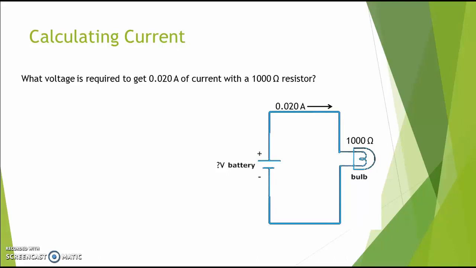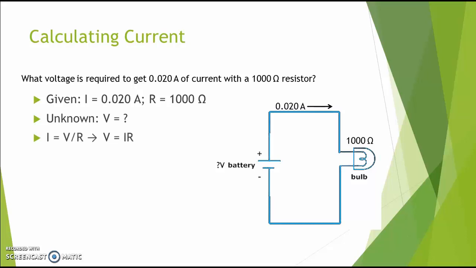Calculating voltage we can also do, of course. So what voltage is required to get 0.02 amps of current with a 1000 ohm resistor? Our given this time is our current and our resistance. Our unknown is the voltage. Equation, I equals V over R. Oh, wait a second, it's not in the right form, right?